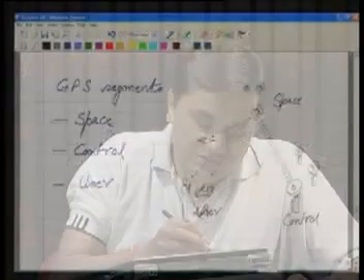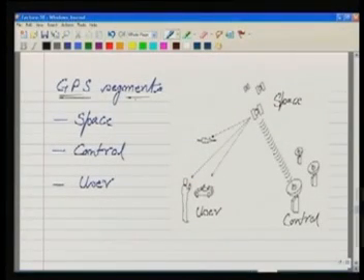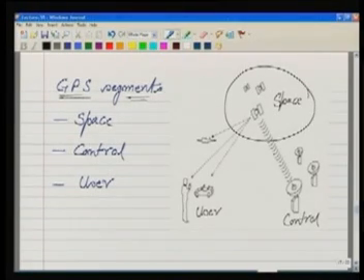Now a little information about the GPS segments. Of course, we know by this time GPS has 3 segments. One is space. Space means we have the satellites, we have their signals, and we have the orbit and other things. This is all part of the space segment.